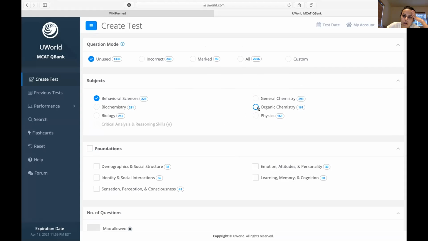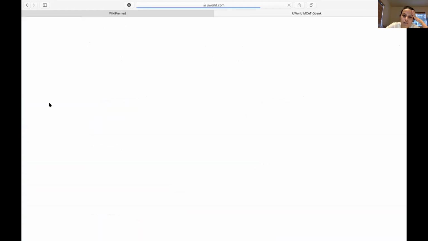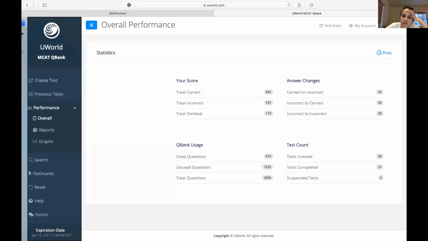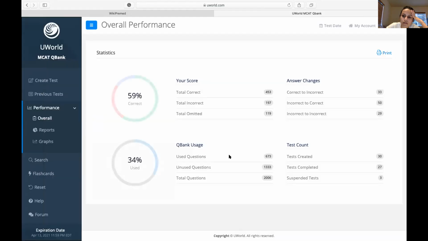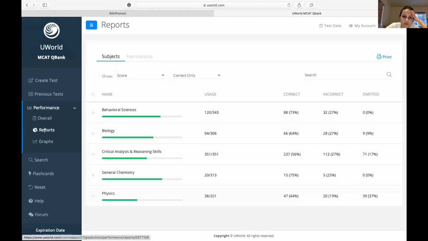What do you get when you hit performance? It shows you the breakdown of all the questions you've done. That's what I want to see. Go to reports perhaps. I just want to see some more data.